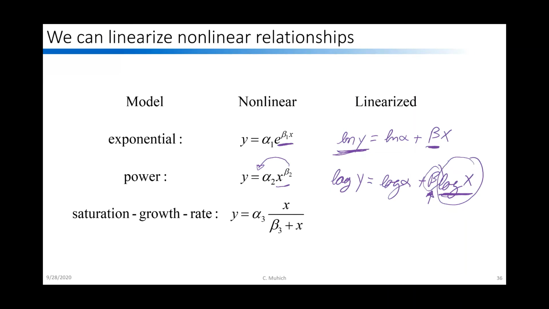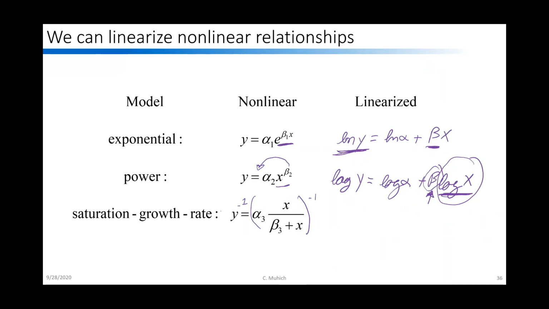And so the last thing that we can look at is the saturation growth rate. This one may not be quite as obvious in how I can linearize it. But let's take the inverse of both sides, so let's take this to the -1 power and this to the -1 power.